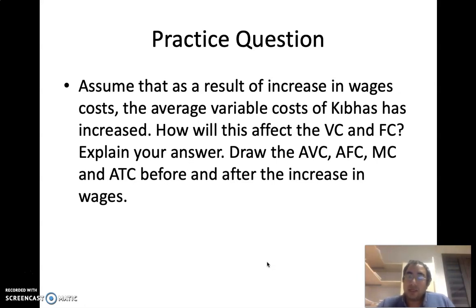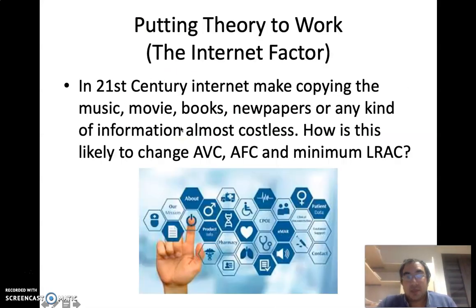Alternatively, you might also assume, and this would be okay, that KPAS might already be paying a wage to the workers independent of the number of bus trips they do. In that case, the wages might very well be a fixed cost, although I have already told you the average variable cost has increased. Of course, in that case this question is not that meaningful.